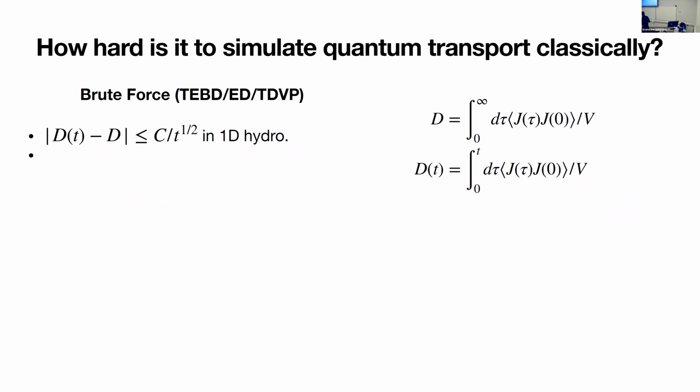Okay. So let's start by asking what resources we require to get epsilon accuracy for a diffusion constant for existing methods. It sounds like a really tall order, right? We're given this complicated many-body system.